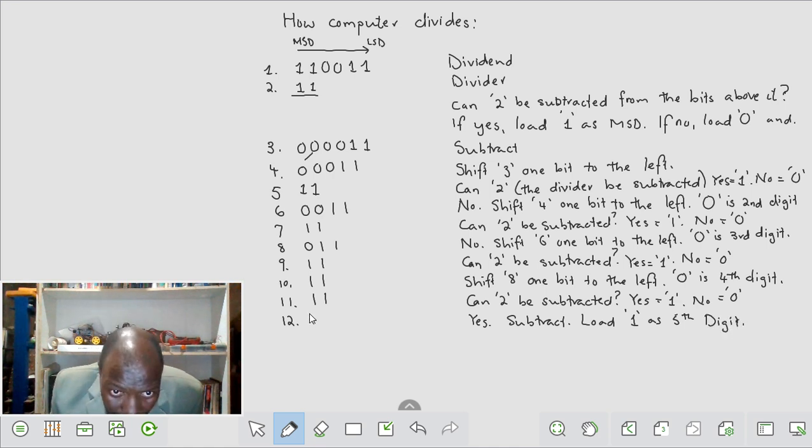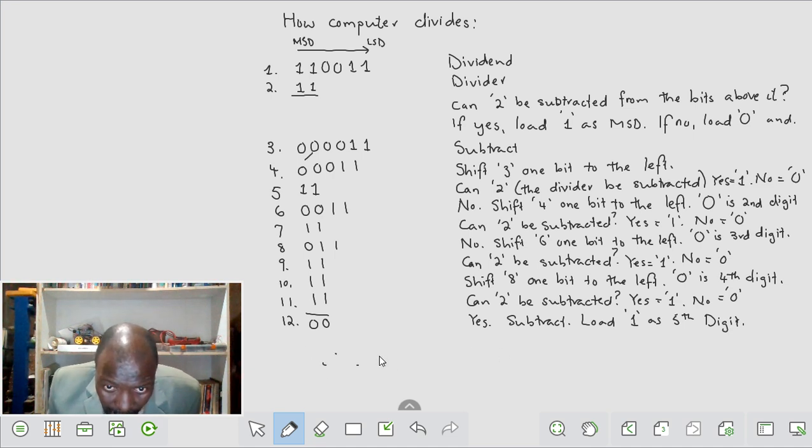Now we subtract, and we've got 0. Our divider had 2 bits, we've got 2 bits, so we are done because we've got 0. So our answer therefore is what?